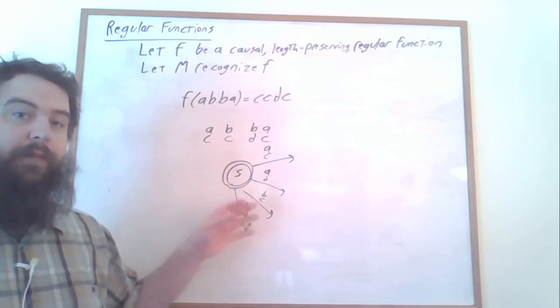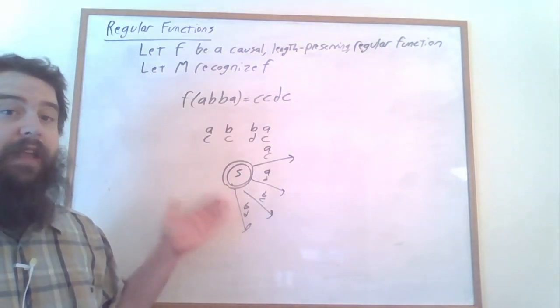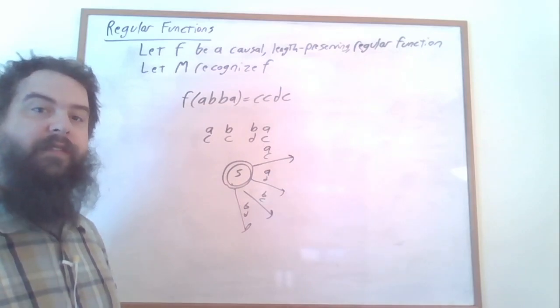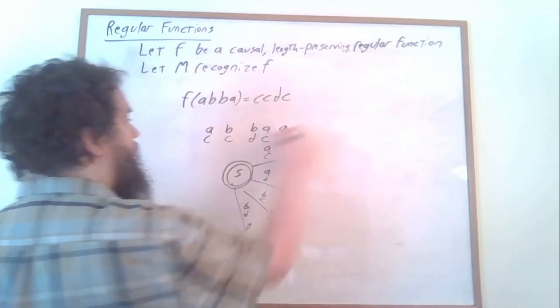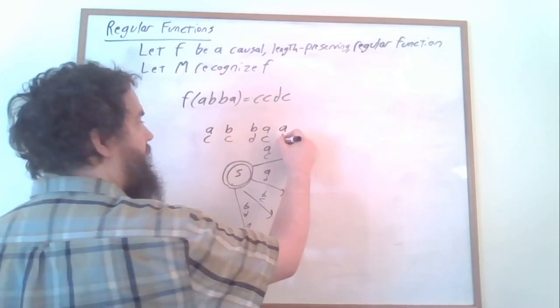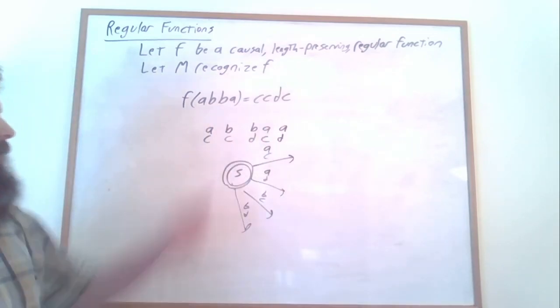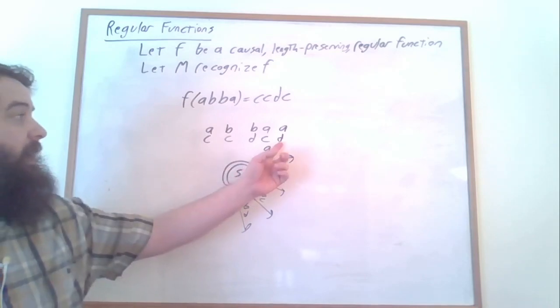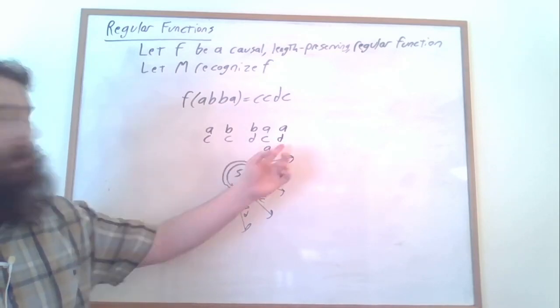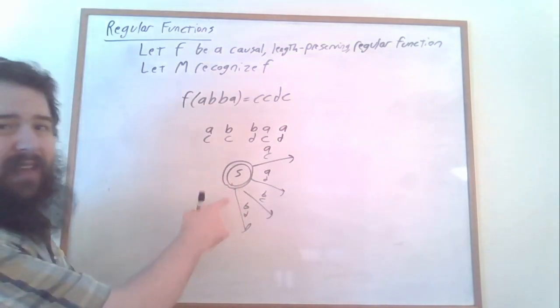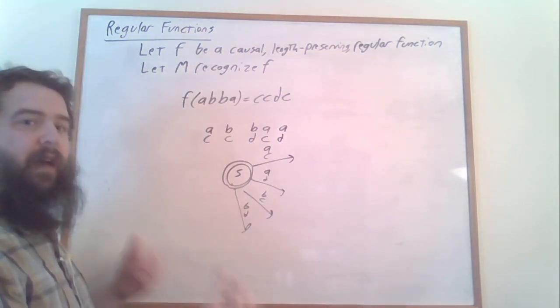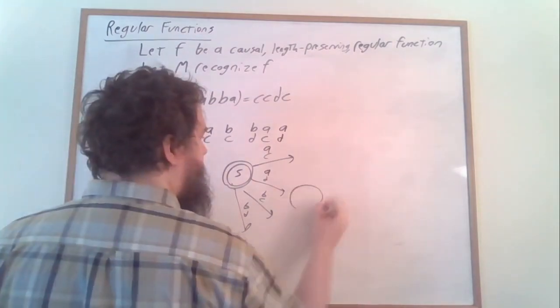And these are all going to be edges coming out of the state S. Let's say that our finite state automaton also accepts ABBA, CCDCD. That means that when we're in state S and we read an AD, we wind up in another accept state. And it could be the same state as S, but I'll draw it differently just for clarity's sake.